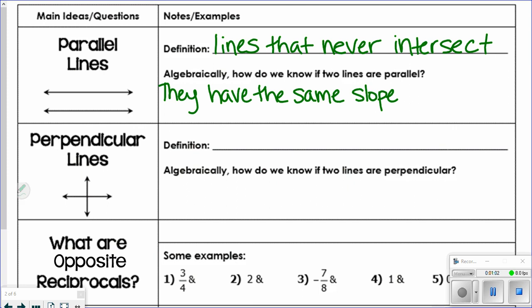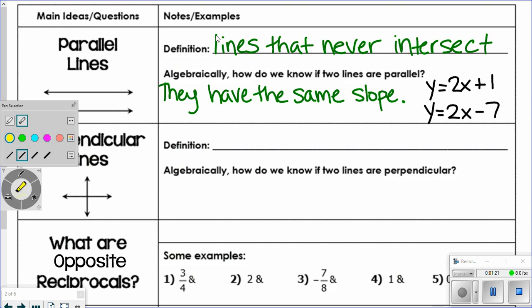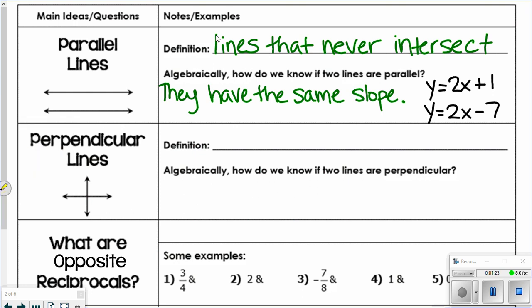So if I was to give you an example, y equals 2x plus 1 and y equals 2x minus 7, I know without graphing that these are parallel because they both have a slope of positive 2.